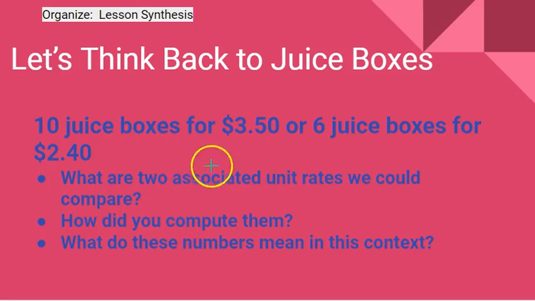So let's talk about the juice rates here. What are the 2 unit rates that's going to make sense here? Yeah, it's going to make sense to find out how much it costs per box, right?